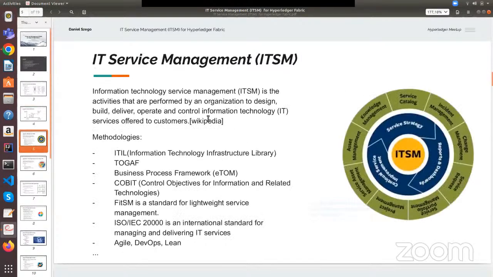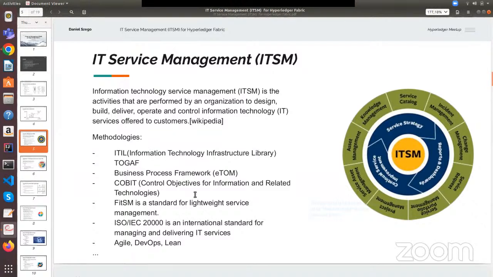So I'll show just one slide on IT service management. IT service management is practically building, delivering, operating and controlling information technology, pieces of software and hardware, to customers. There are many methodologies for IT service management, and there's an evolution, perhaps even a competition, among them. One, probably a little more classical, is ITIL, the Information Technology Infrastructure Library.